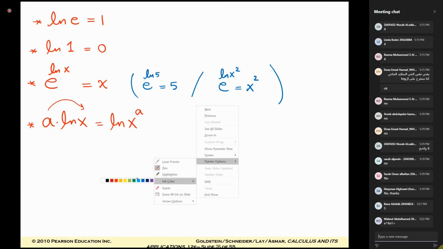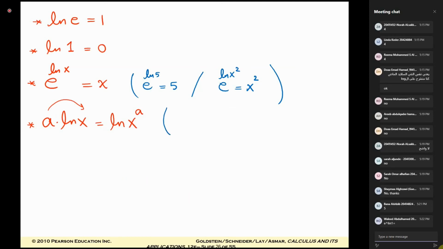This is a very important property. For example, if we have 3 ln x, we can rewrite this as ln x to the power 3. Also, if we have ln x to the power -5, we can put -5 as the exponent outside the ln. So we can write -5 ln x also, like this.